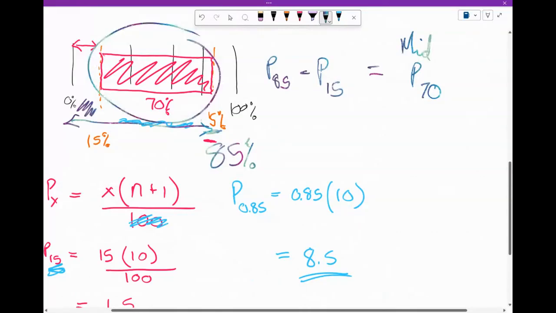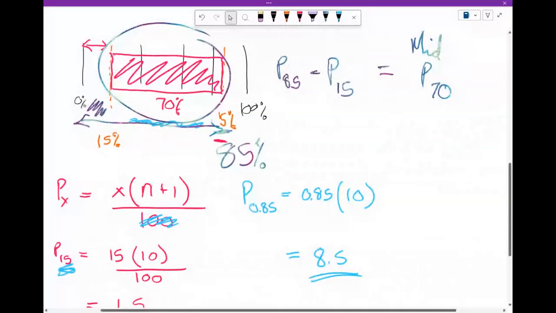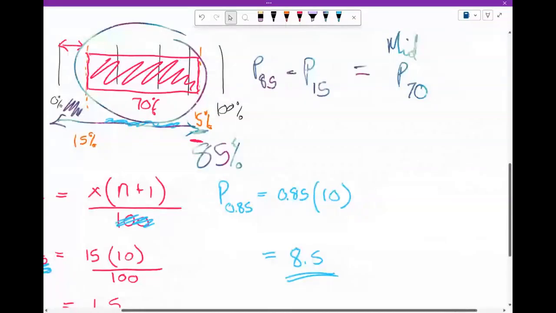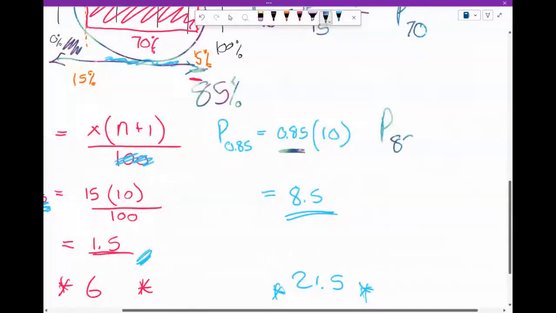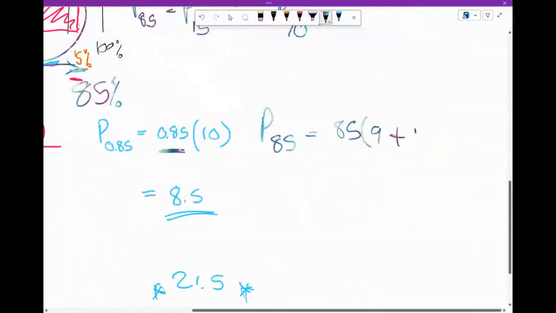Okay, so let's calculate that. We know our formula. We've got it over here. So we then say, again, P85 is equal to 85 times (9 plus 1) divided by 100.